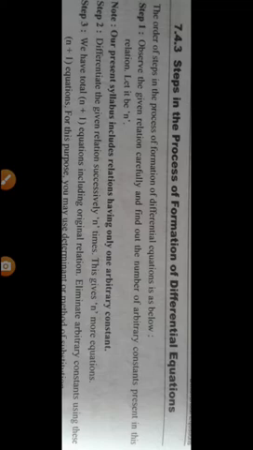So by using these three steps, we can form a differential equation from the given relation. We study some examples.